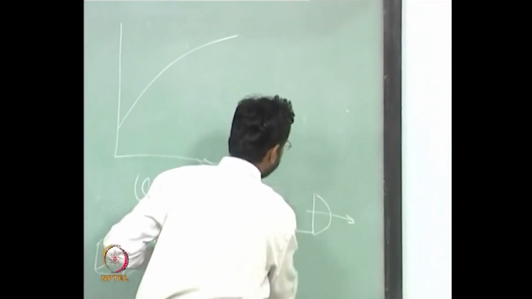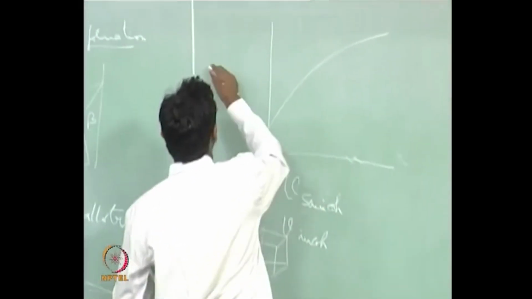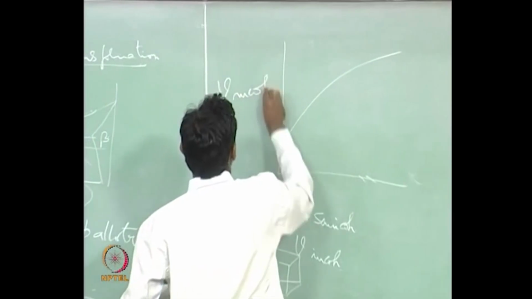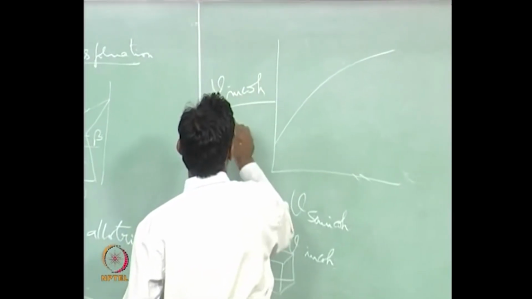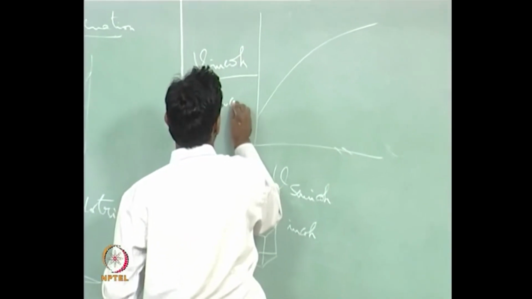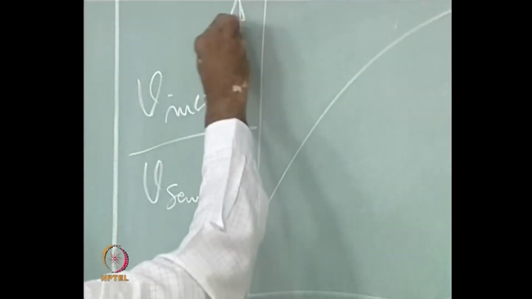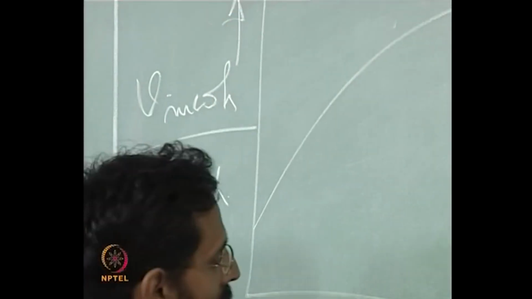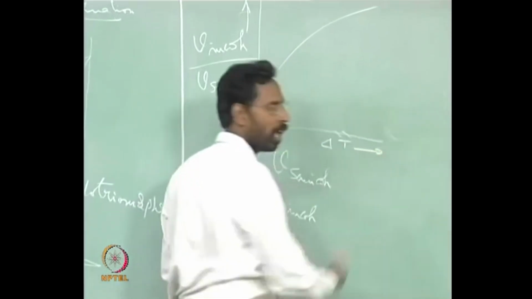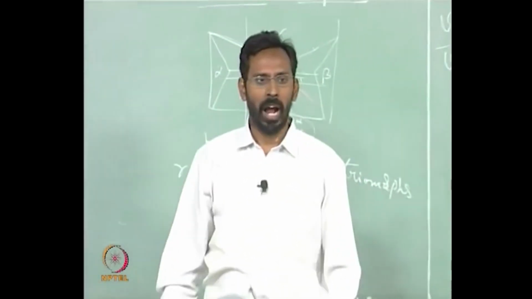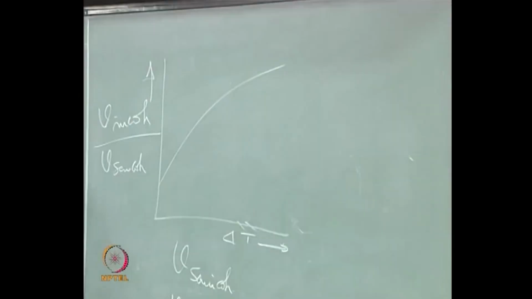So if I plot the velocity of incoherent by velocity of semi coherent, this ratio increases with higher undercooling. At very small undercooling, which is close to let us say 0, the ratio is close to around 1.